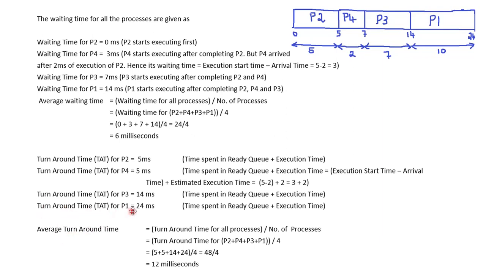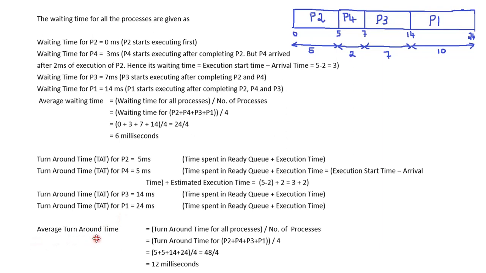Turnaround time for process P1 is 24 millisecond. That is, the time spent in the ready queue will be 5 plus 2 plus 7, that will be 14 millisecond. And then the execution time of process P1 is 10. So 14 plus 10 is 24. 24 millisecond will be the turnaround time for process P1.